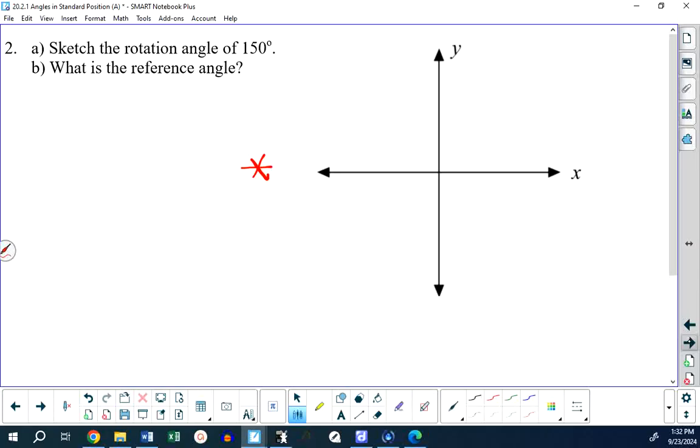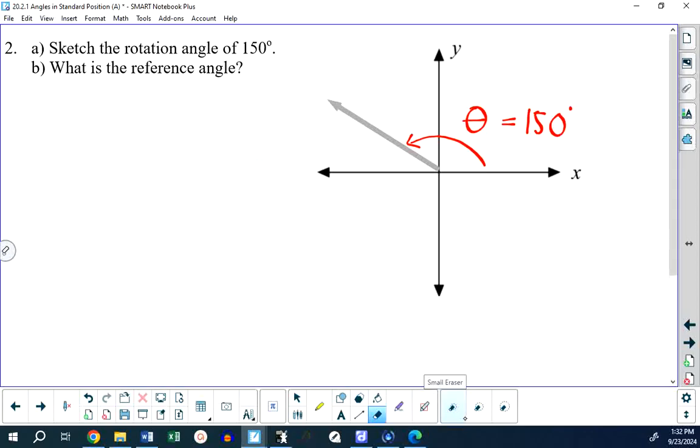So when I sketch this rotation angle, I should try to sketch it so that the terminal arm is about 30 degrees up from the x-axis. And then I can put in here theta rotation equals 150 degrees. What is the reference? The reference, theta reference, is 30 degrees.